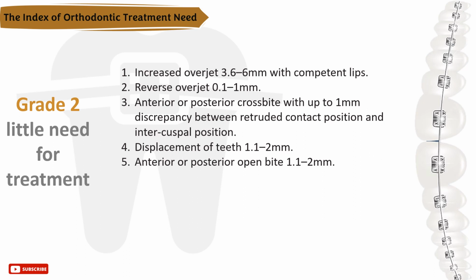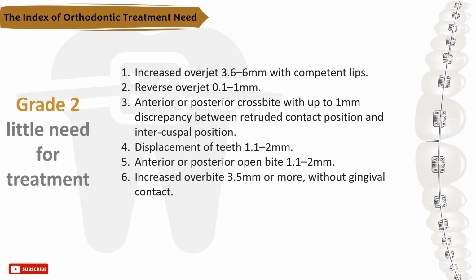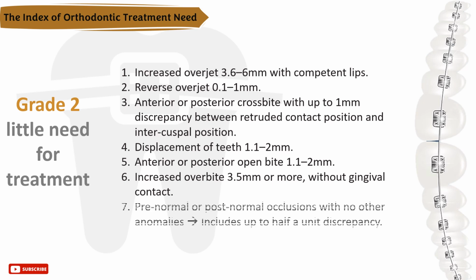Anterior or posterior open bite from 1.1 to 2 mm. Increased overbite from 3.5 mm or more without the tooth contacting the opposing gingiva. Pre-normal or post-normal occlusions with no other anomalies includes up to half a unit discrepancy.